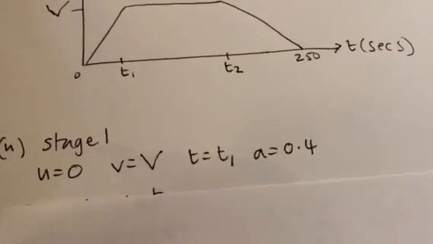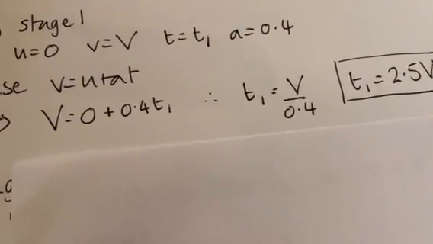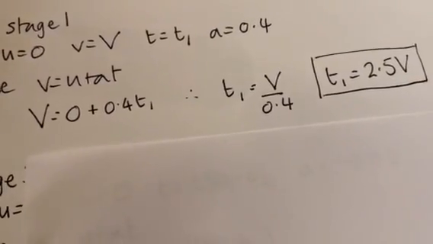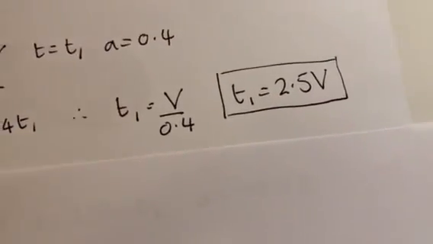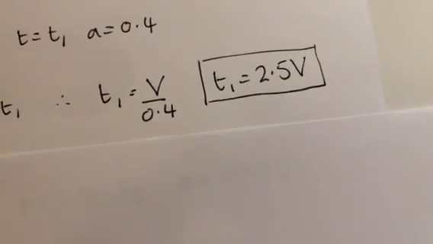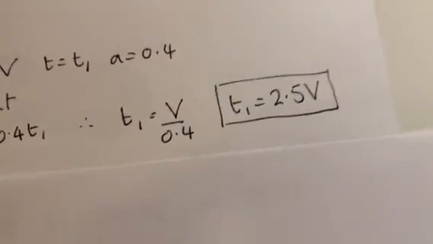So I'm going to put that in the formula, V equals u plus AT. When I substitute them in, I get T1 is V over 0.4, which is the same as 2.5 V. So the time of the first stage is 2.5 V.